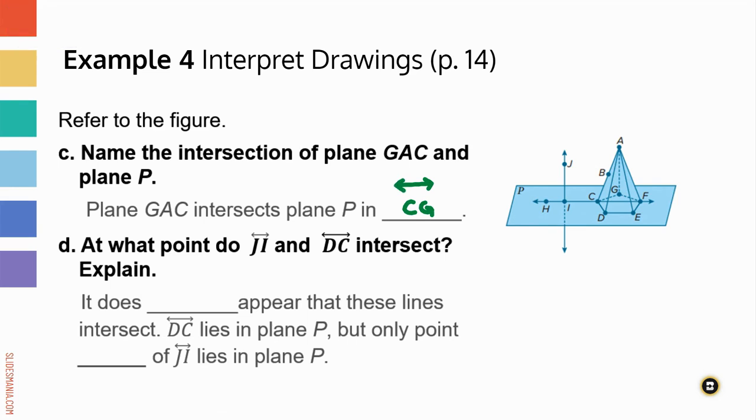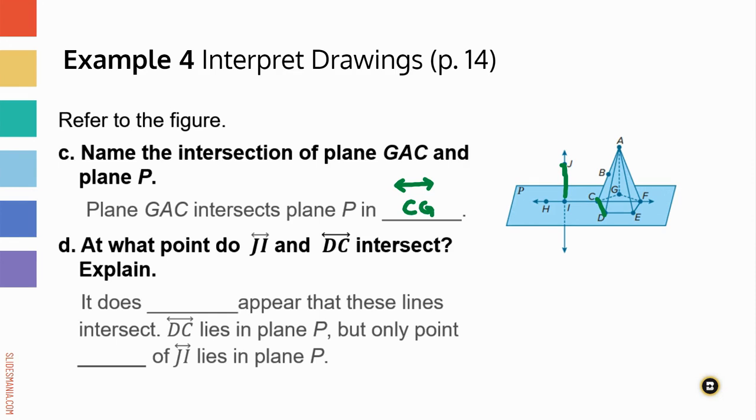Okay, D. At what point do line JI, which is right here, and DC, which is right here, intersect? As you can see, these are not in the same plane. And if they're not in the same plane, then they can't intersect.